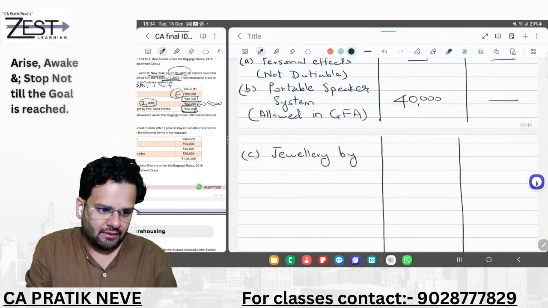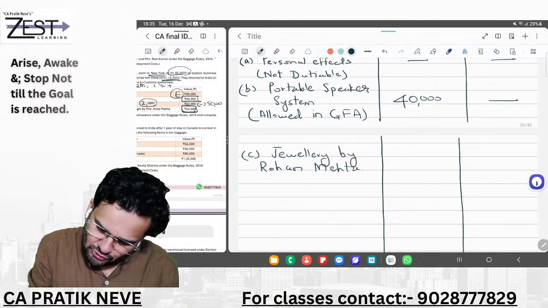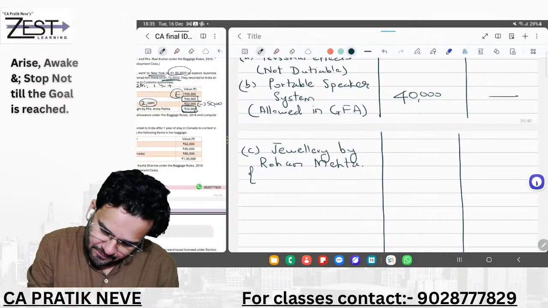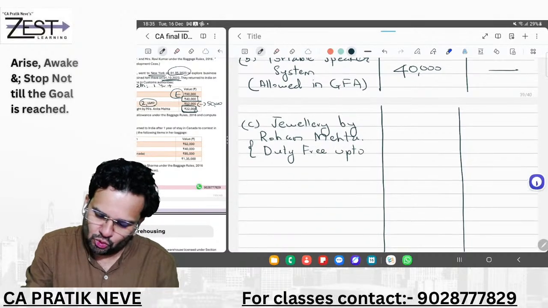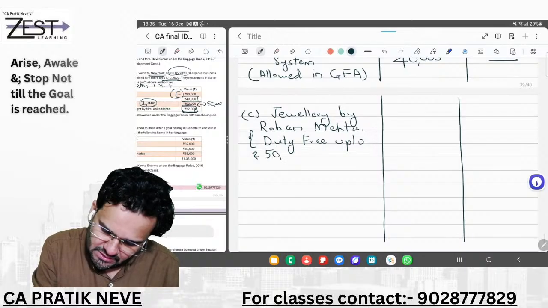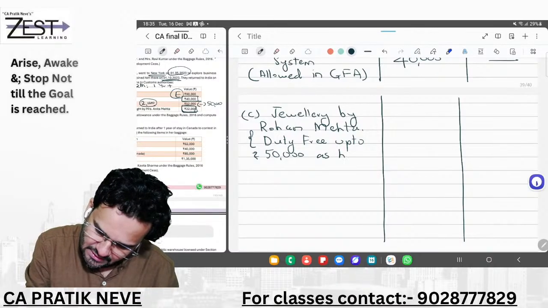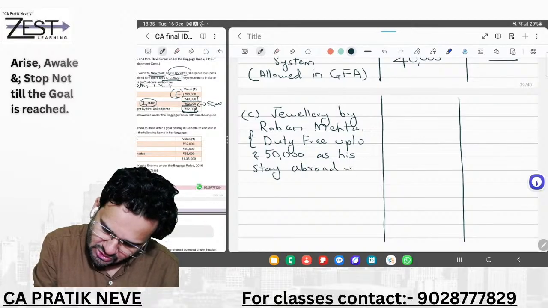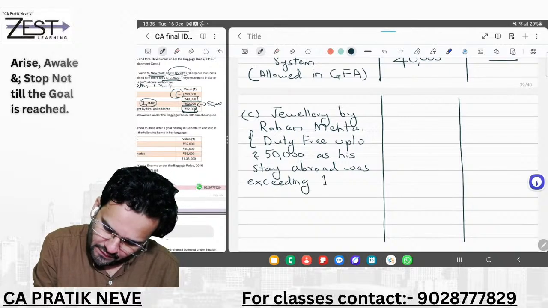Jewelry by Rohan Mehta. You know what I will do? It is duty free up to rupees 50,000 as his stay abroad was exceeding 1 year.